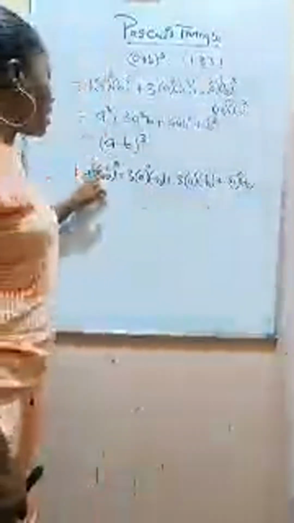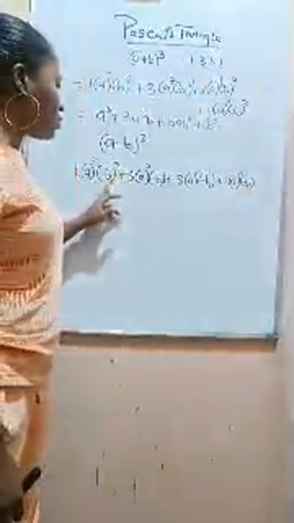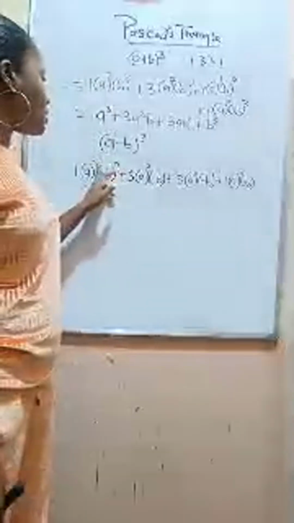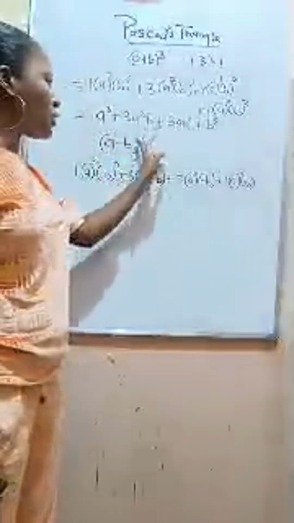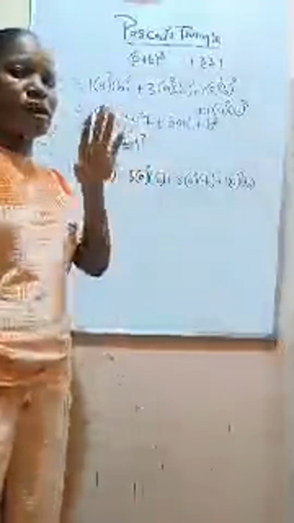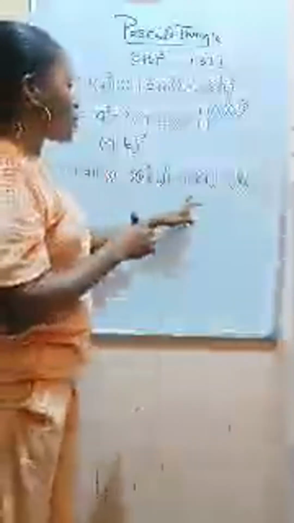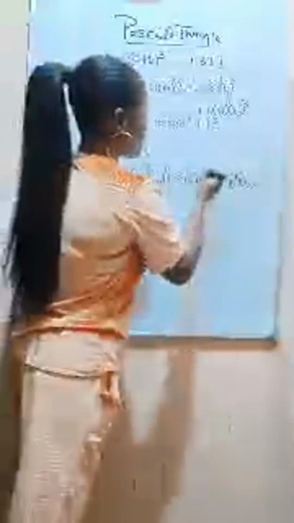Then whatever you are going to add to the other power, on the next term, each power, when you add it to the other one, everything should be equal to whatever power you have here. So this one is 2, so 2 plus 1 is 3. Then coming to this one, 1 plus 2 is 3.